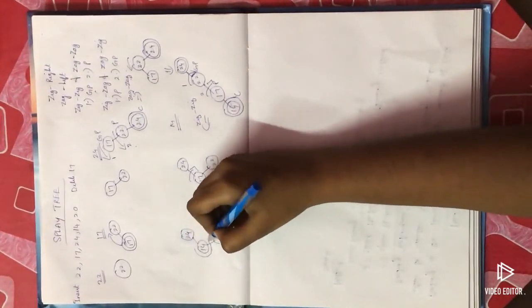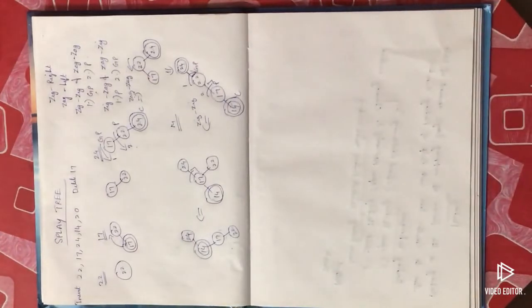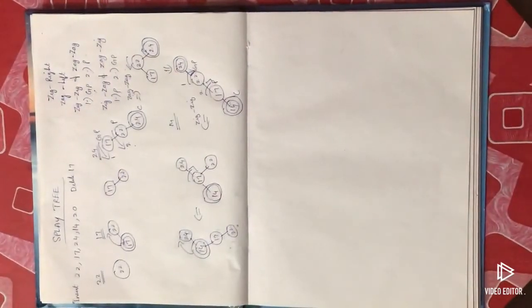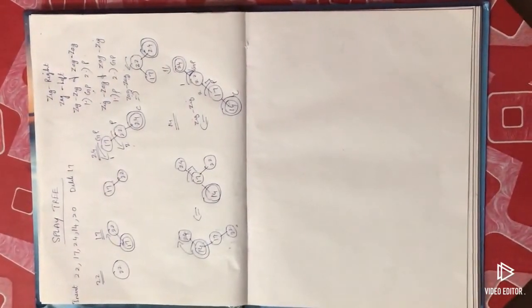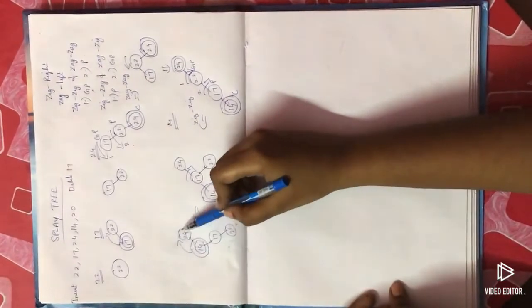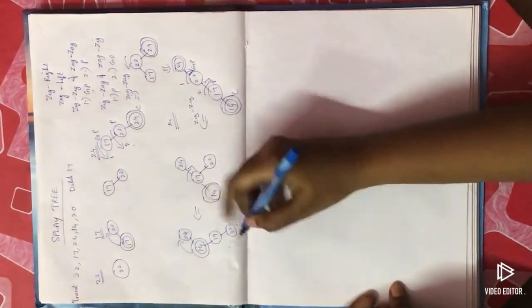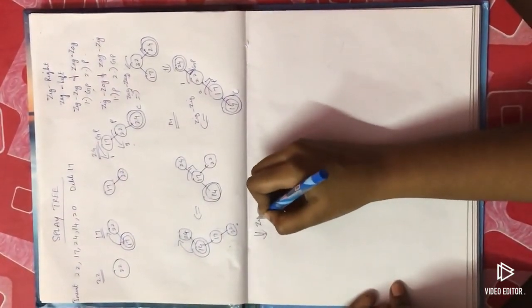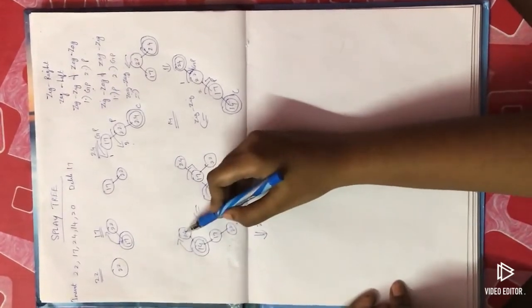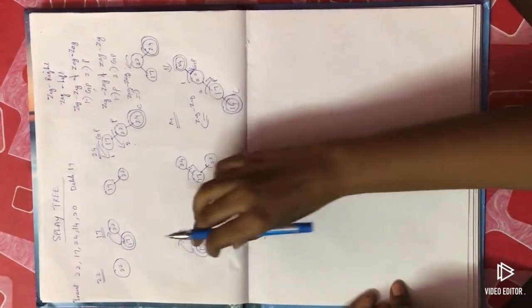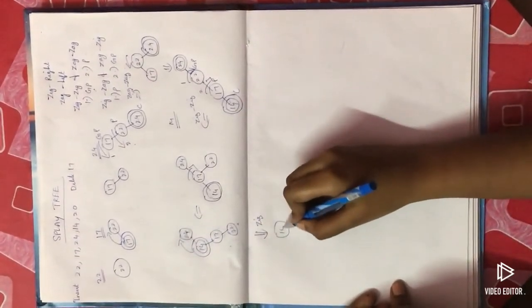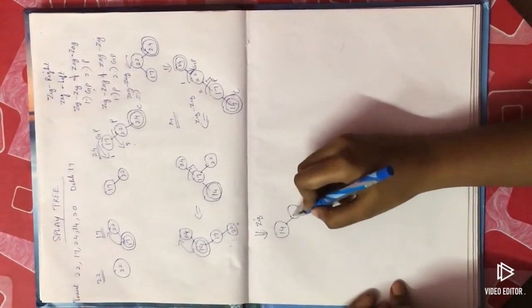So here 14. Still 14 is not at the root. So we completed the zig rotation still. Here we will do one mistake. What rotation do we have to take to bring this 14 again to the root? Zig rotation. Only one rotation, only the parent is there, there is no grandparent. If I rotate this, 14 will be here, 24 will be here.